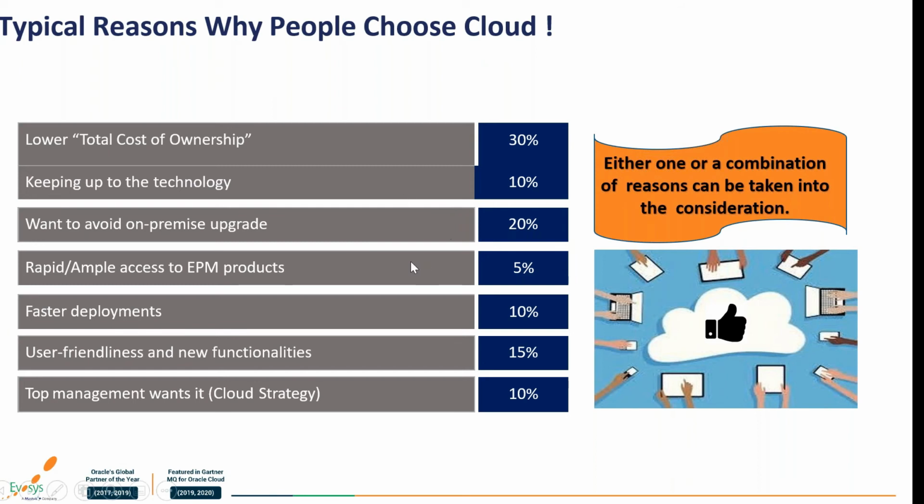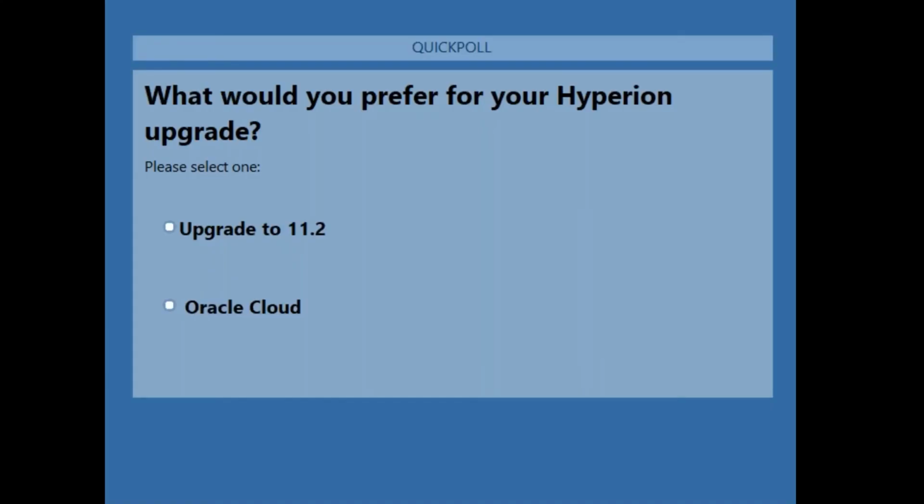So those are the typical reasons we have observed for why people have moved to cloud. If any one of these resembles you, or if multiple of them are in line with what your organization wants to do, feel free to let us know. You can definitely reach out and let us know how you feel about these options, and if you're in line, we can surely help you with some of them.